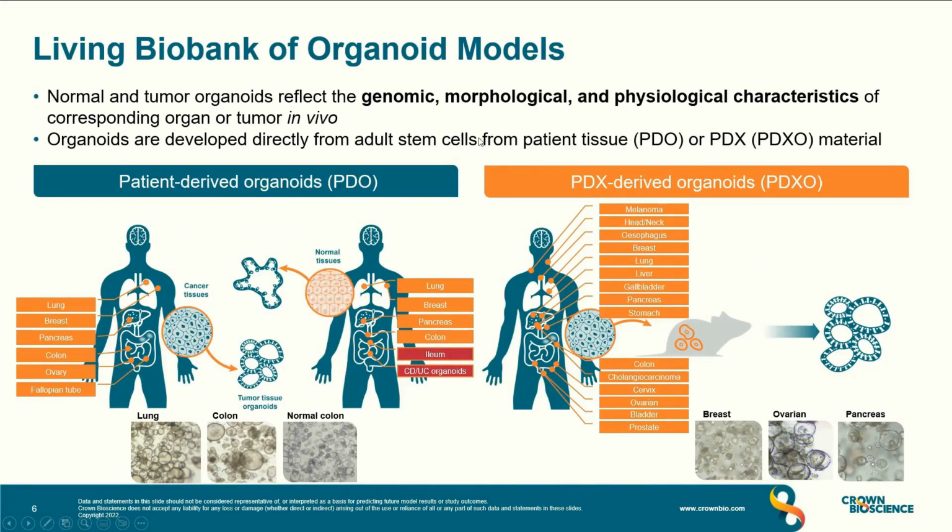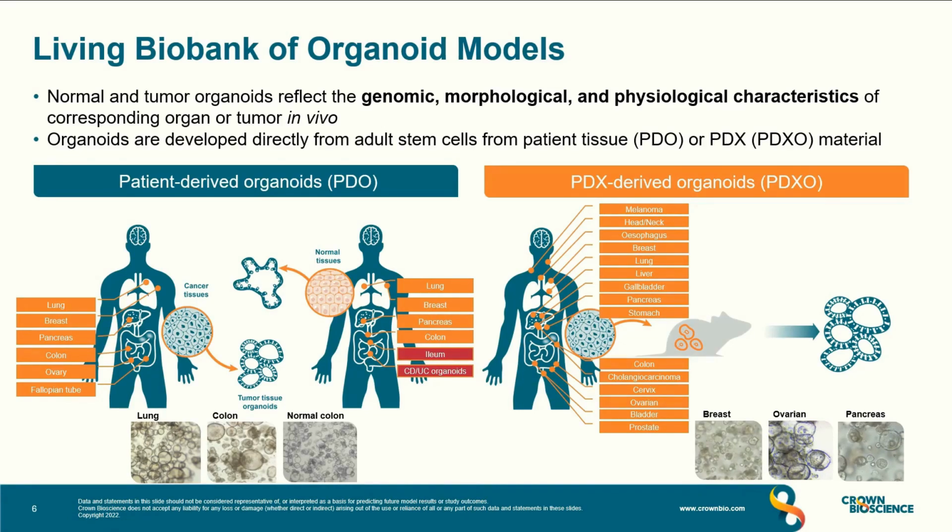You can envision this as a living biobank of tumor models that are coming straight from the patient. These can be normal or tumor tissues. And when isolated from the patient, these reflect the genomic, morphological, and physiological characteristics of the corresponding tumor in vivo.